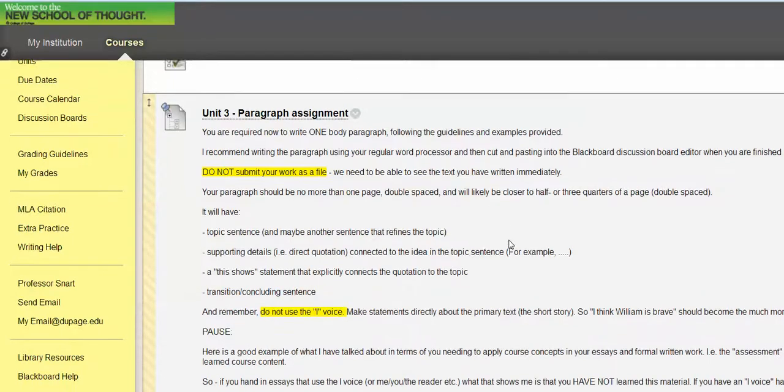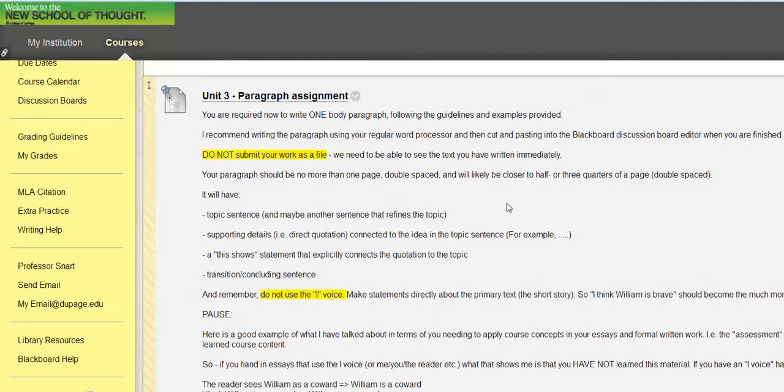So what you're going to produce is a paragraph that will enact the shape of the paragraph idea: starting with a relatively general topic, some statement of character about this particular guy in the story, and then refining that, providing a level of detail to support, which is the narrow part of the stick figure that you'll see explained in the video in the unit itself, and then some form of brief conclusion or transition.